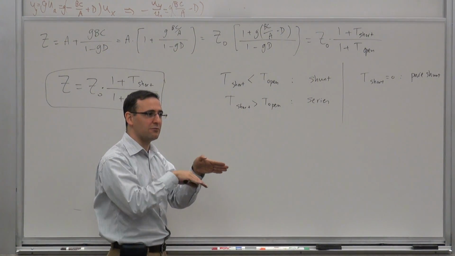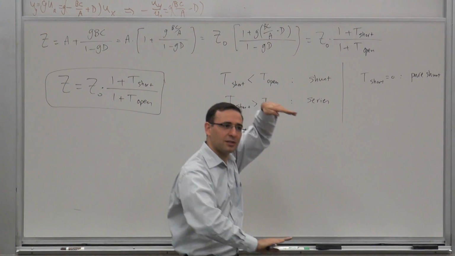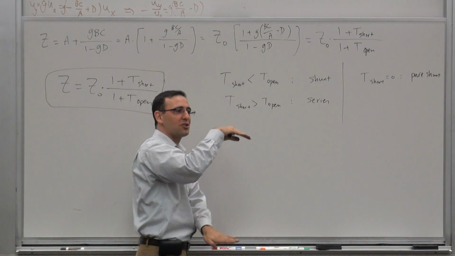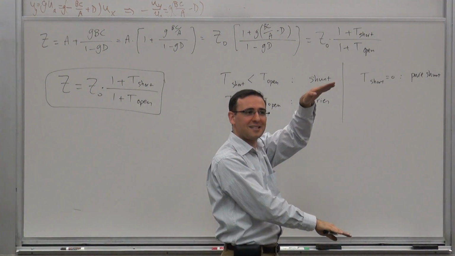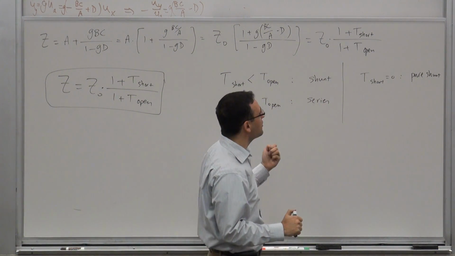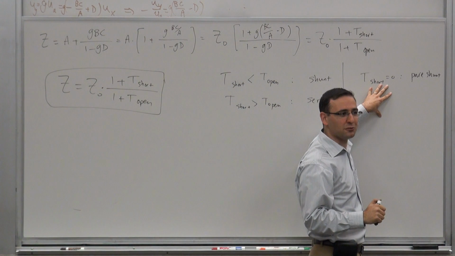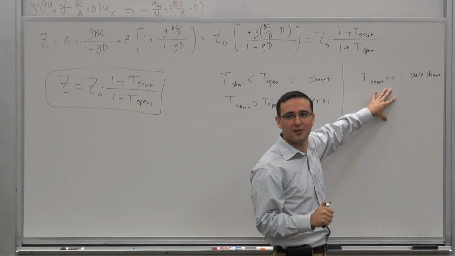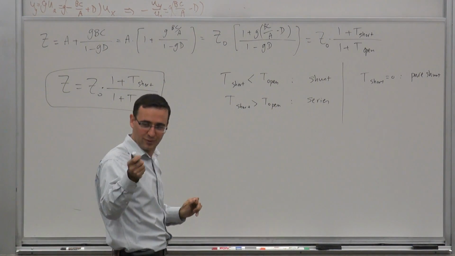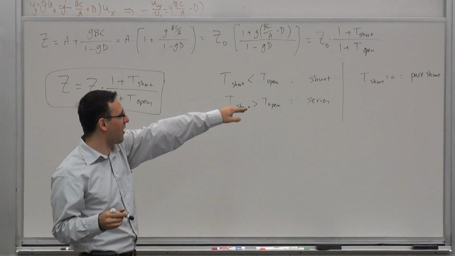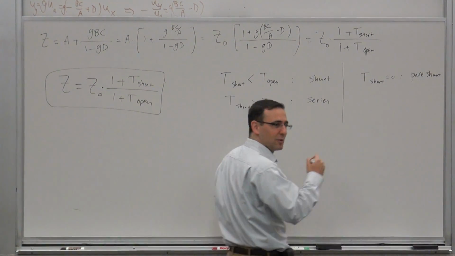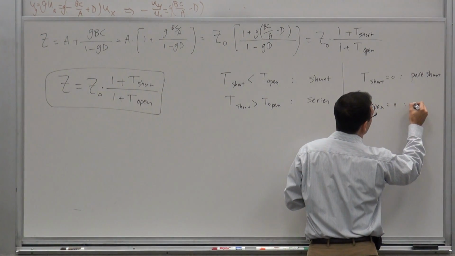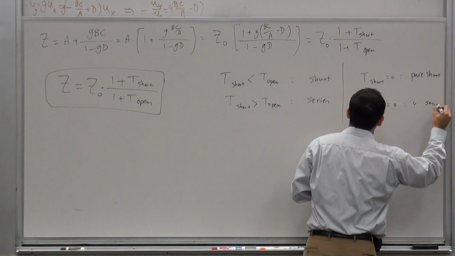So you can have some frequencies where this is higher than that, and some other frequencies where this one is higher than that. For those frequency ranges, this can be shunt, and then after that becomes series, even at the same point. So what I mean by pure shunt is that basically there's no dispute. I'll show you what pure shunt is when we see the circuit. This is what I just named them, to make a distinction. And if T open is 0, I call it a pure series.